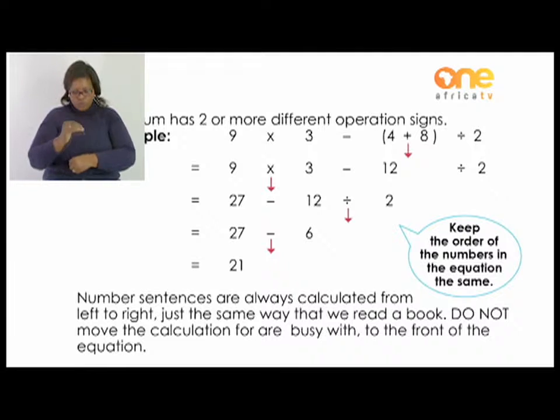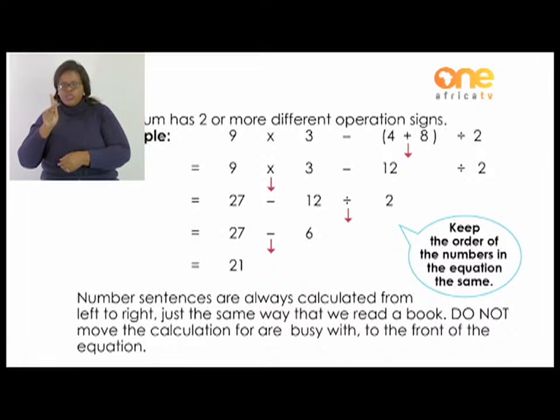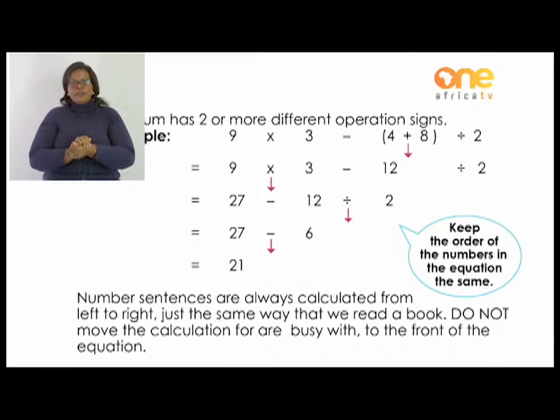The next step, we rewrite all the operations until we get to the brackets. So the next step will be 9 times 3 minus, and the answer to the operation in brackets is 12, divided by 2. What will we do next? According to BODMAS, brackets, of, there is no of in that operation.